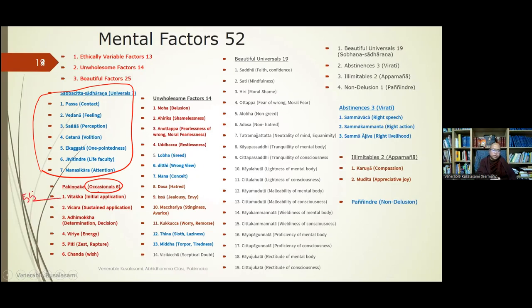Here, out of 55, can you see any of the rootless consciousness there? Only the 2 sets of fivefold sense consciousness are excluded. Receiving consciousness, investigating consciousness, the 5 sense-door adverting consciousness, determining or mind-door adverting consciousness, and smile-producing consciousness are here. So that's why Vitakka also can be together with the rootless consciousness.